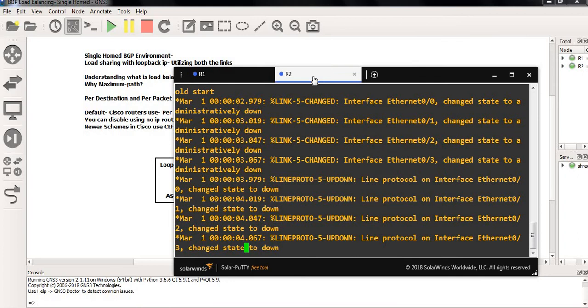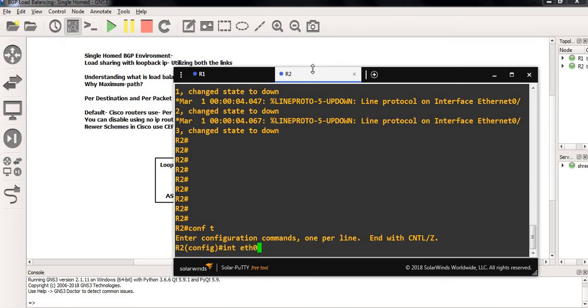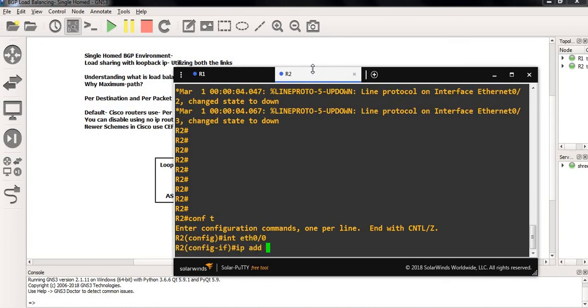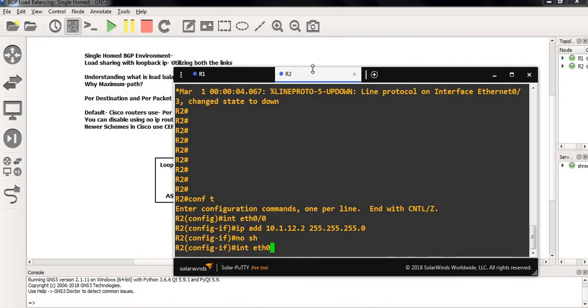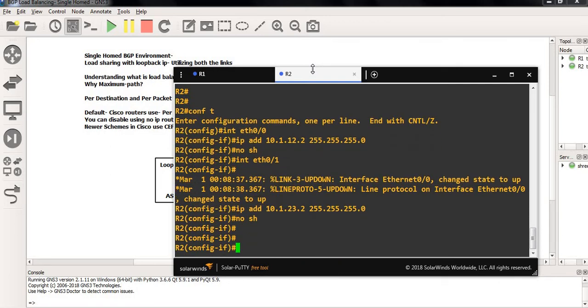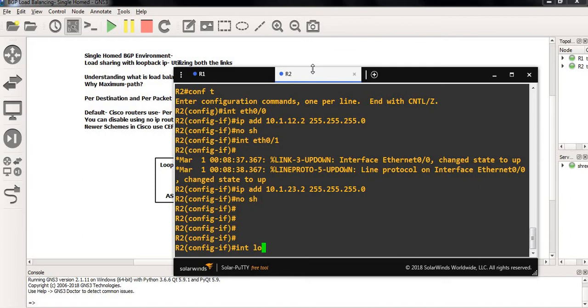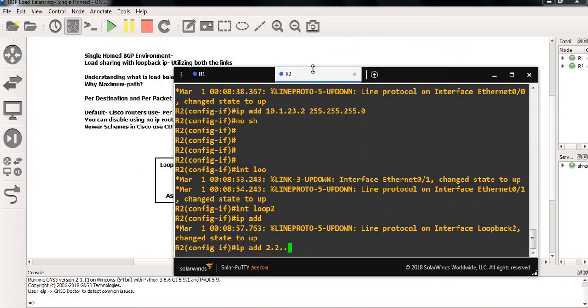So let's do the similar configuration on router 2. 10.1.12.2, 10.1.23.2, interface loopback 2, IP address 2.2.2.2.